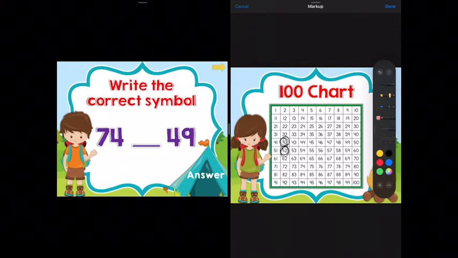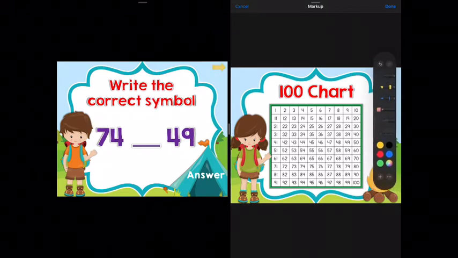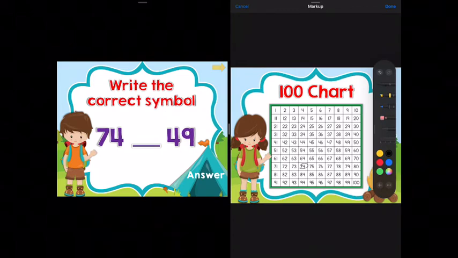74 blank 49. 74 is right here on the chart and 49 is right here. The 7 is in the tens place for 74 and the 4 is in the tens place for 49.